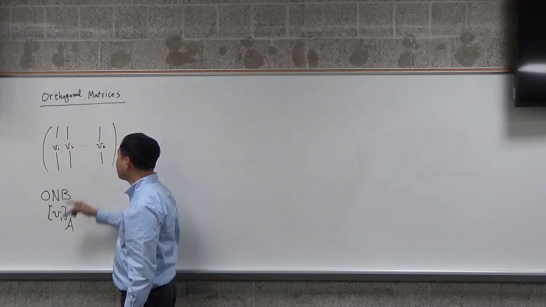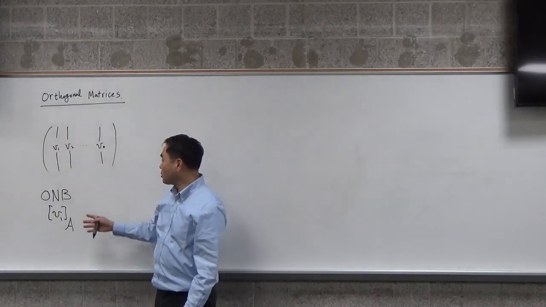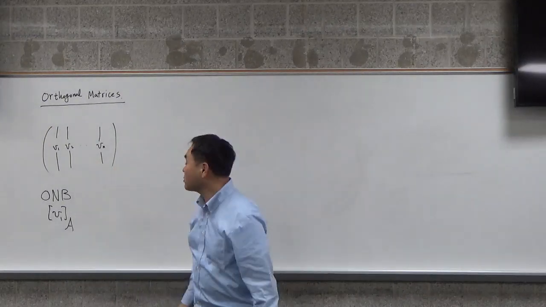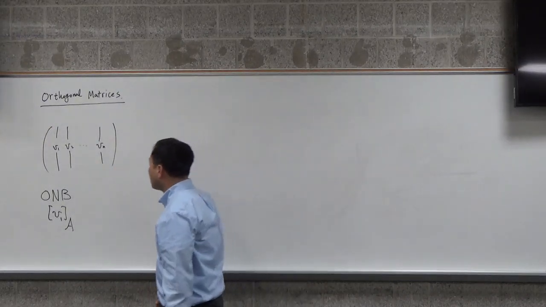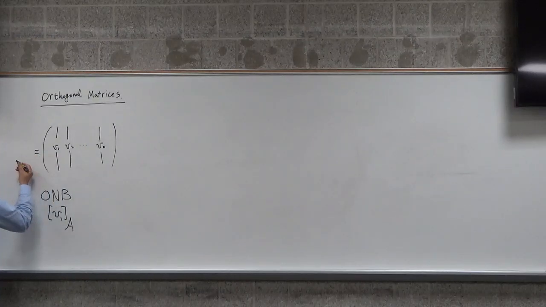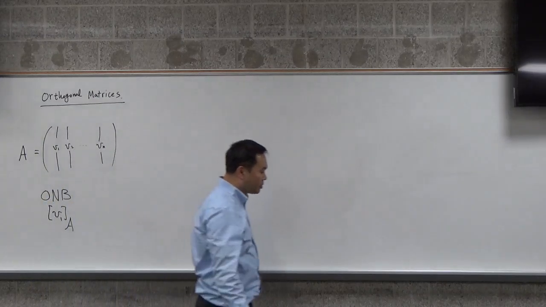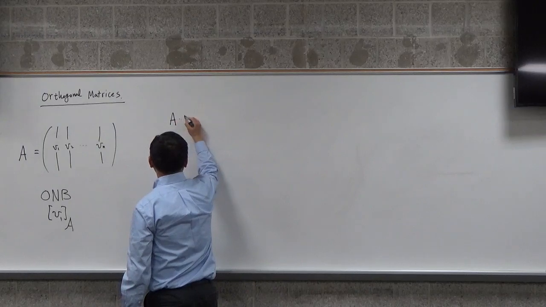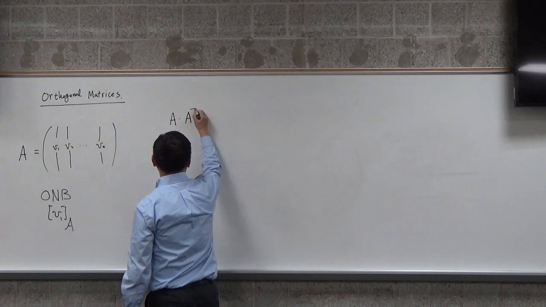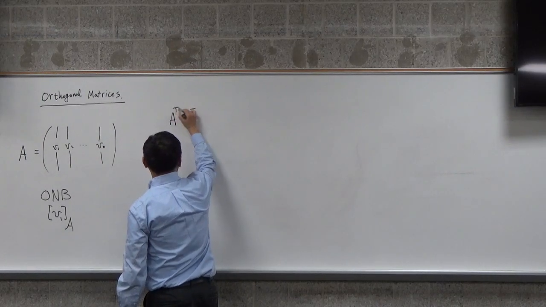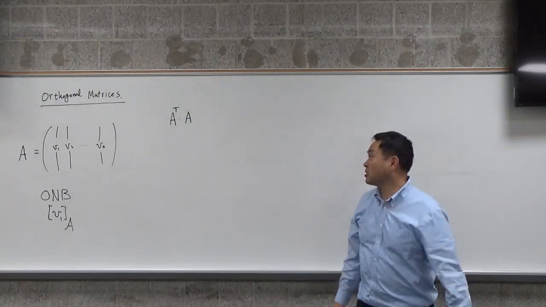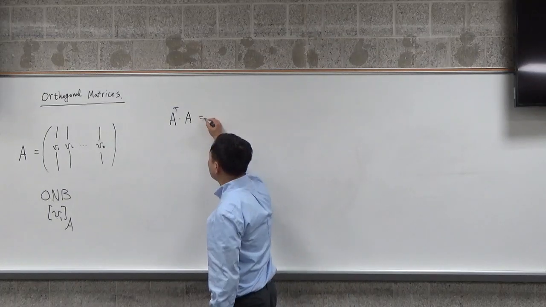Then we have this n by n matrix, because we know that the original vector space has dimension n. If I call this matrix capital A and compute A transpose times A, something interesting happens. What does the transpose do?